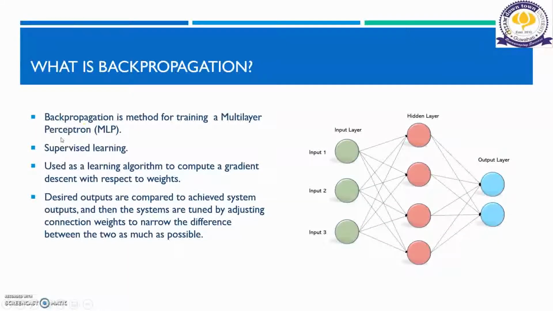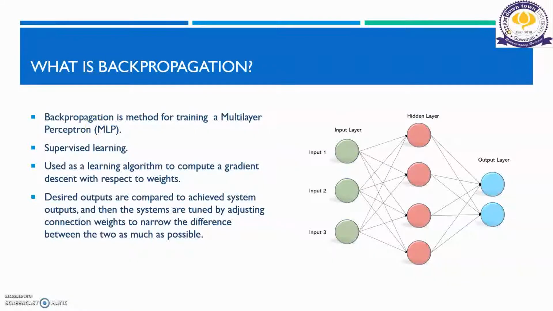I guess you are already familiar with the multilayer perceptron, but let me just remind you again. A multilayer perceptron is a feed-forward neural network consisting of multiple perceptrons interconnected in parallel. It mainly consists of three layers: input layer, hidden layer, and output layer.